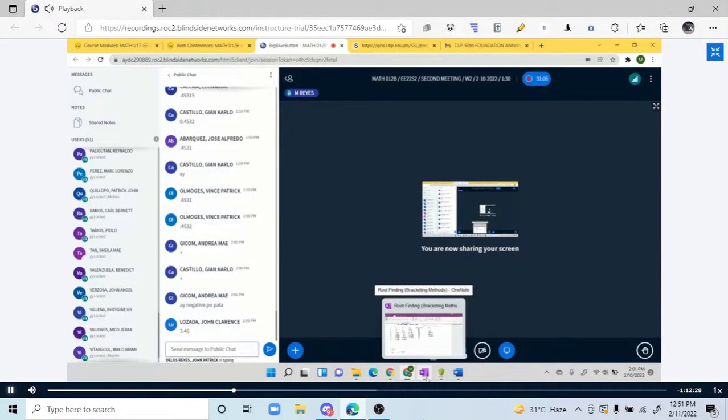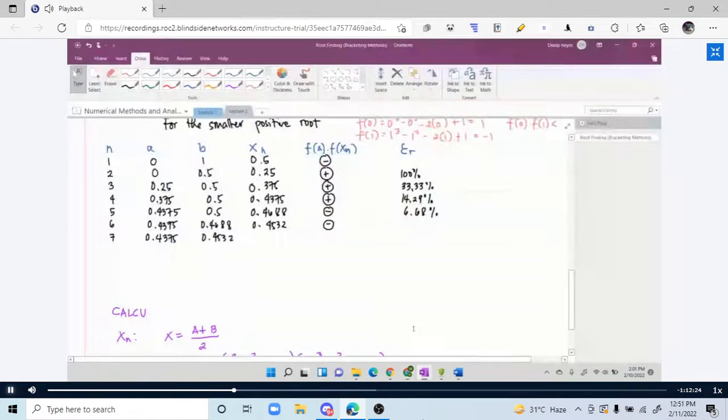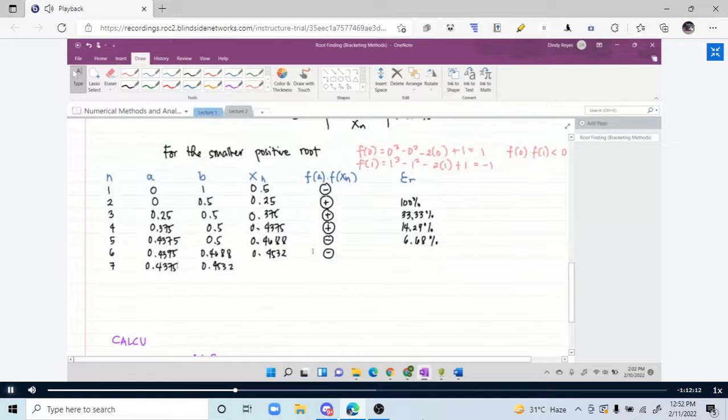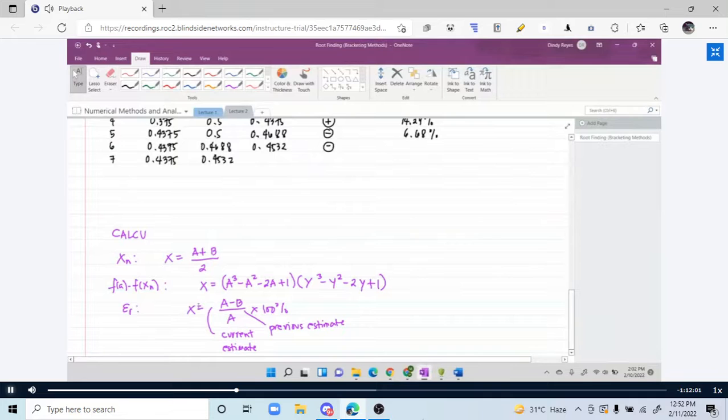3.46. I have 3.44. Please check carefully. Percentage relative error is this. This is the current estimate minus the previous one, over the current estimate. So 0.4532 minus the previous one divided by 0.4532 again. Like that. Then times 100.